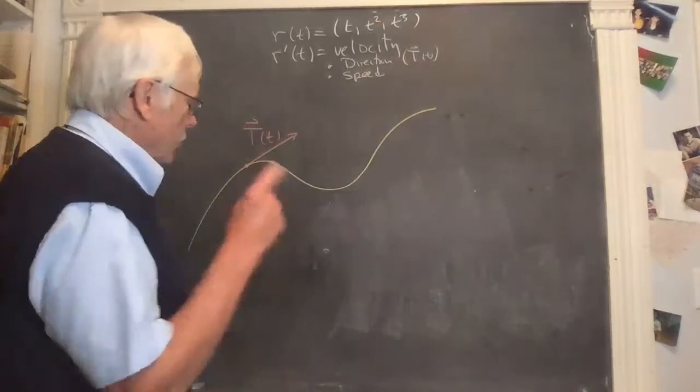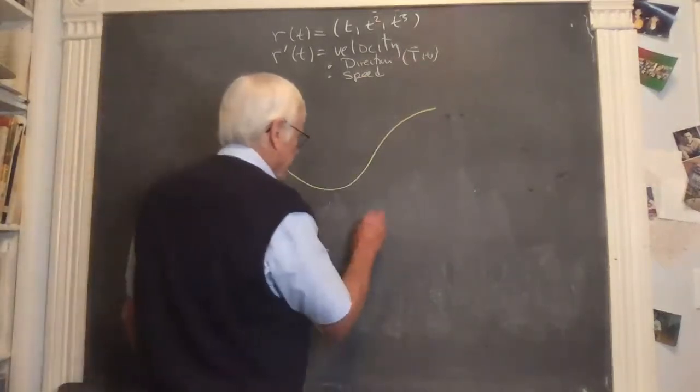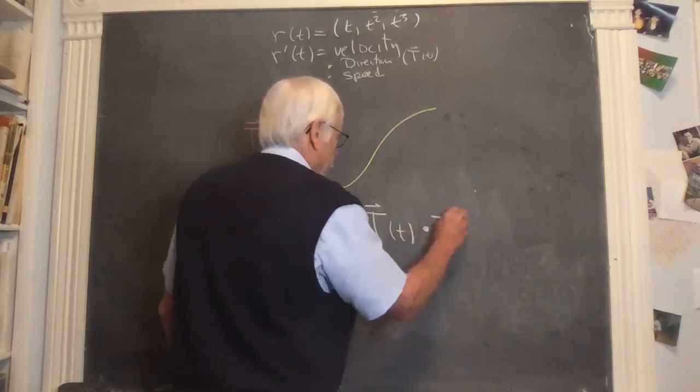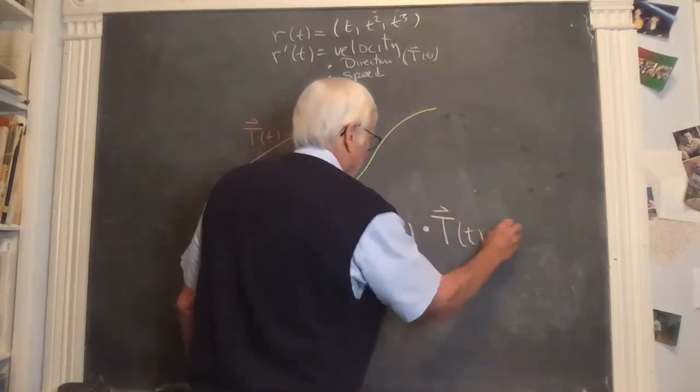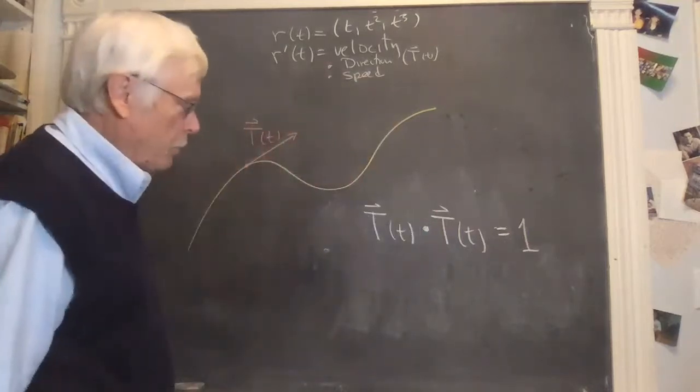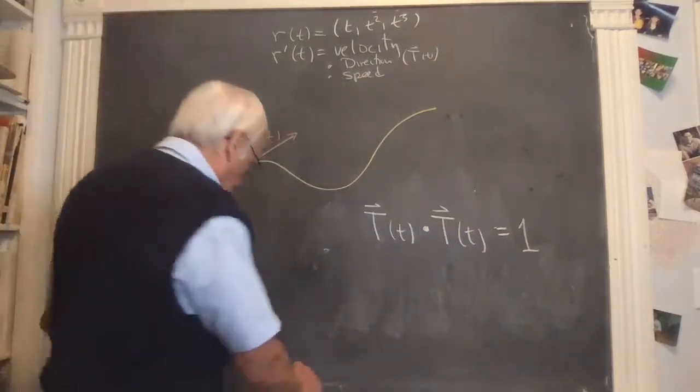So this is how I'm going to use it. T is a unit vector, which means if you take the dot product of T with itself, you get 1. So now we want to take the derivative of both sides of this equation.